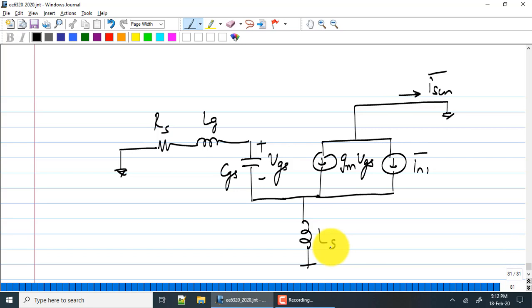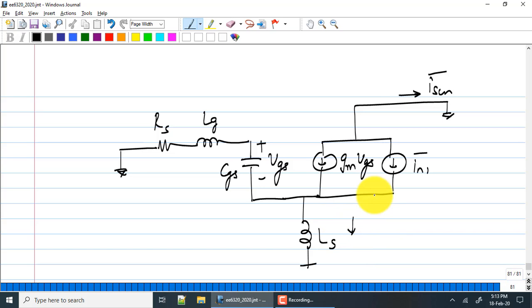So I guess we came up with various expressions in class. I tried to find out the easiest possible way to get this, right? So what we'll do, we'll try to write down some KVL, KCL expressions and try to massage them such that we get to the simplest possible way. So first question, what is the current through LS?